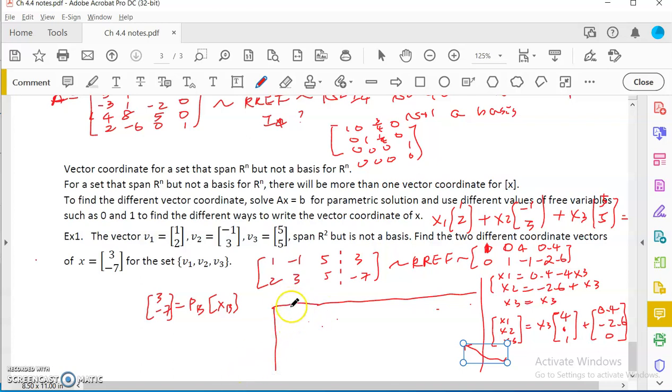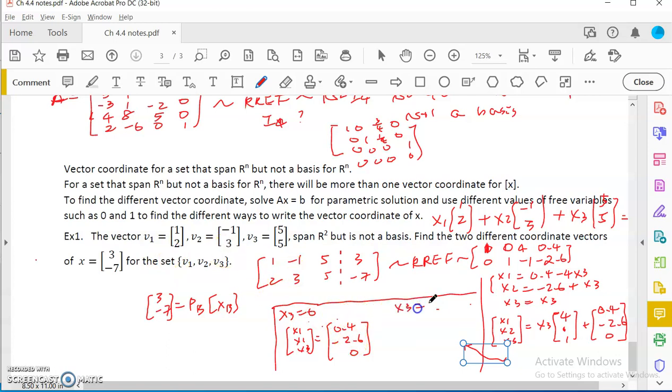The solution when x3 equals 0: my answer would be (x1, x2, x3) equal to (0.4, -2.6, 0). So that is the coordinate vector. This is the weight for v1, and this is the weight for v2.